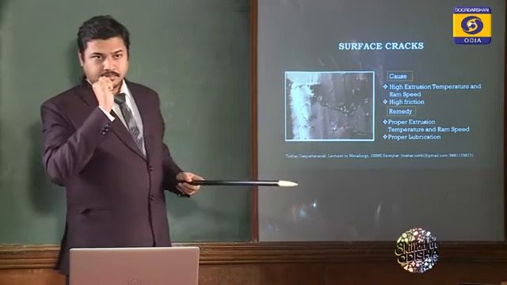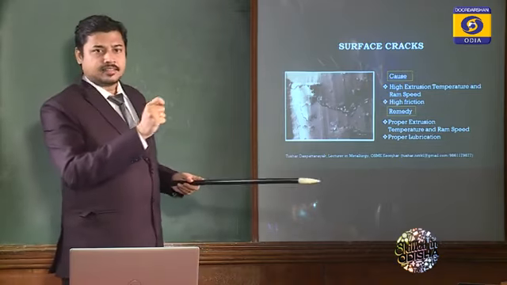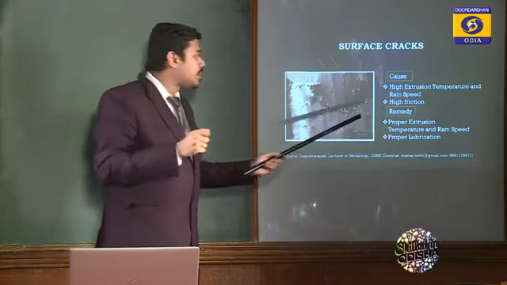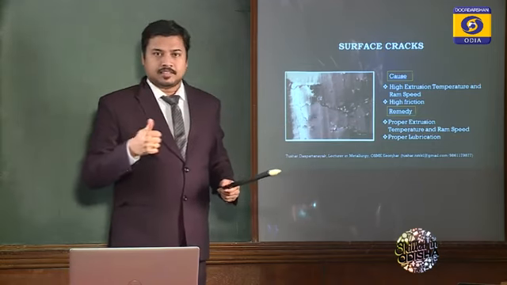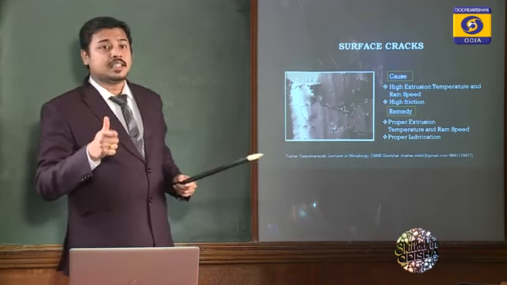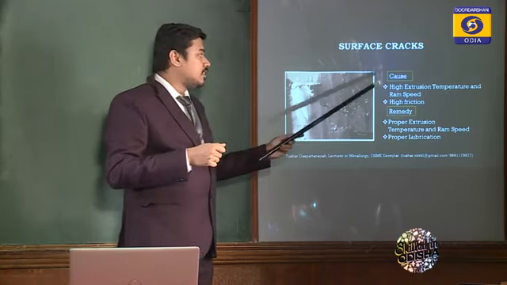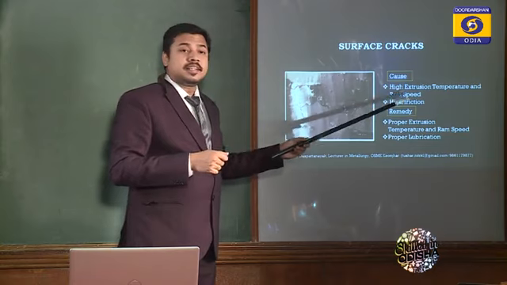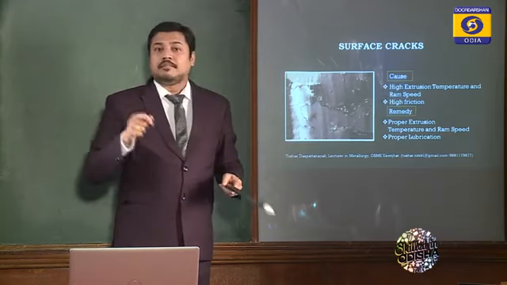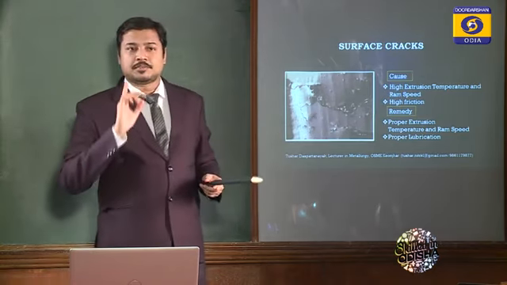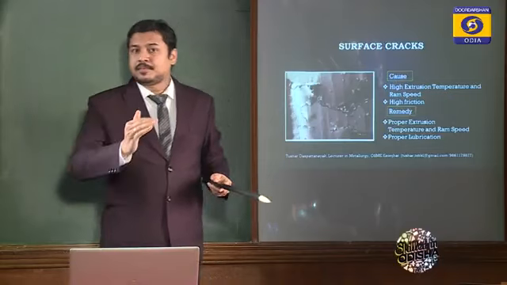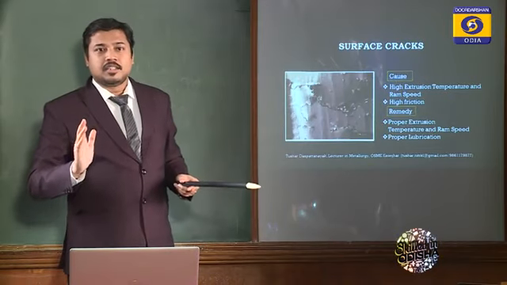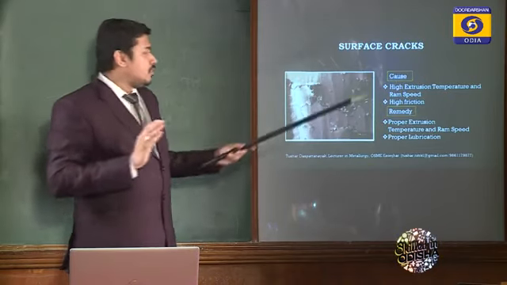Friction between die and metal billet, if higher, can generate surface cracks. So we have to be aware of the fact that extrusion temperature, ram speed and friction must be taken care of during extrusion so that we can avoid surface cracks, because surface cracks are absolutely common in case of extrusion. So we have to reduce that.